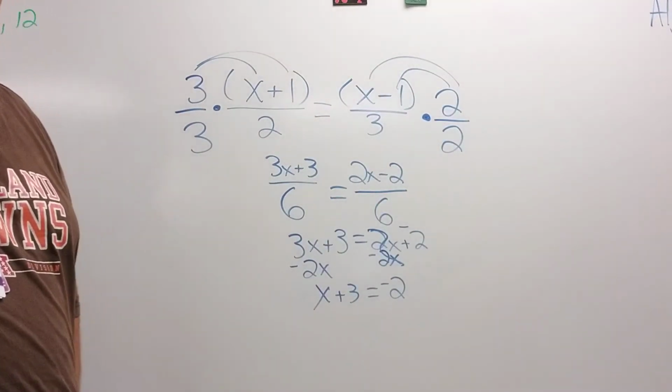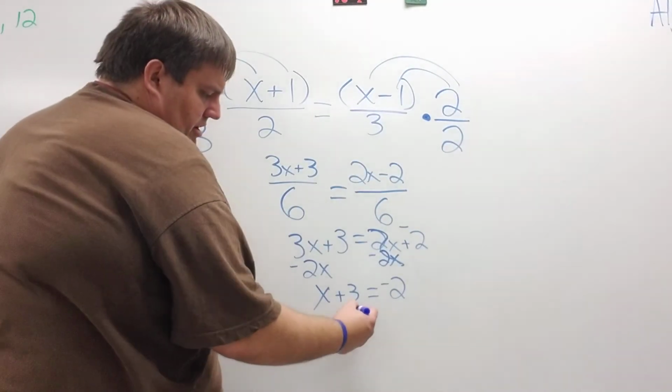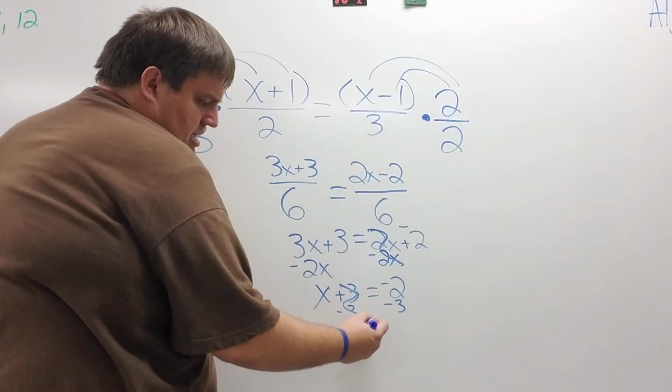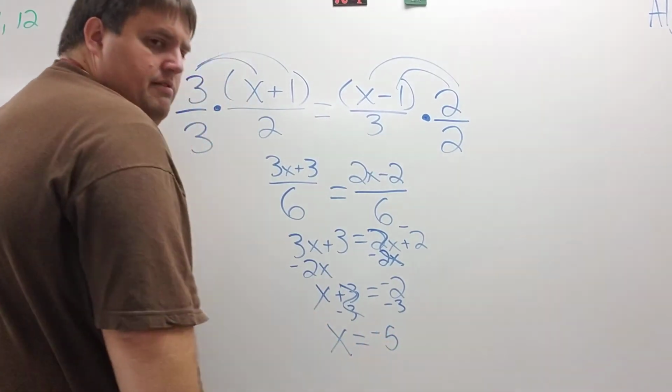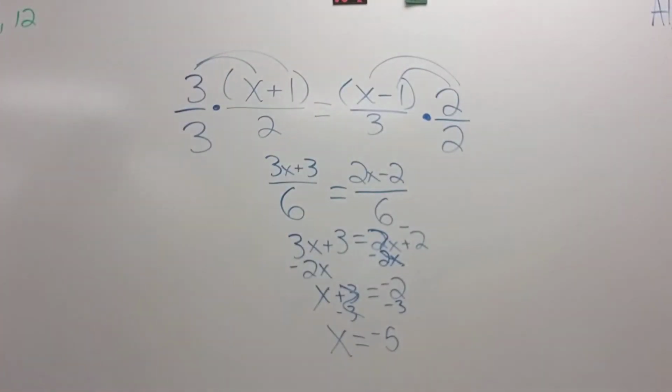And then we got one step from there, right? Subtract 3, and we get our answer of x equals negative 5. So that one's pretty cool. I don't know if you guys have ever seen that with the denominator or not, but now you have. And yeah, it's pretty cool, like I said.